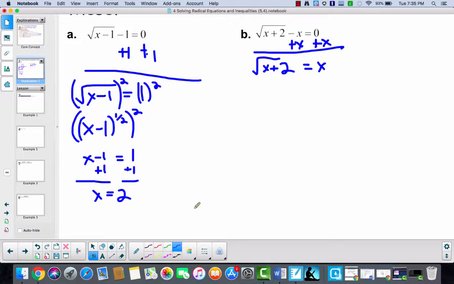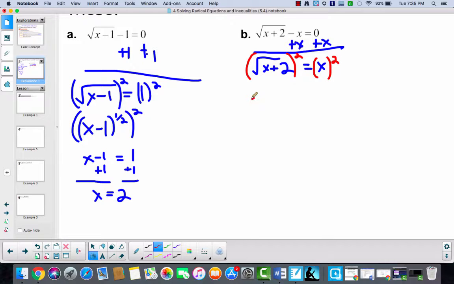Now, how do I undo the square root? By squaring it. But if I square the left side, I have to square the right side. So it's similar to this one, but there's a little bit of something we have to think about when we do this, solving this one.